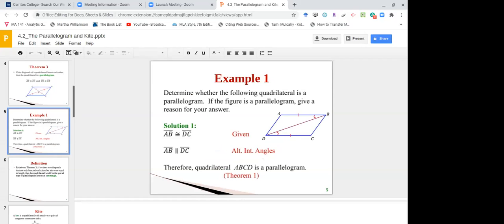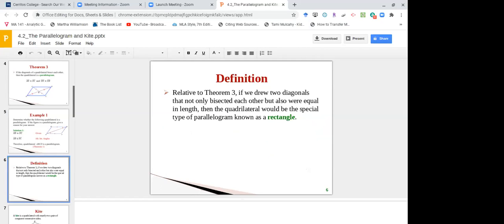So we know that AB is congruent to DC, so we have one set of congruent sides. And we know that AB is parallel to DC because of this transversal BD and alternate interior angles. So that's going to be a little bit about what this is about.